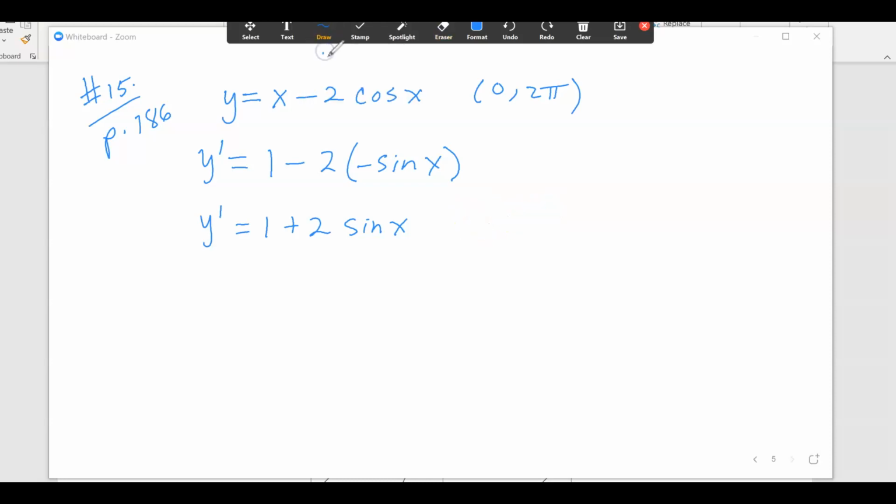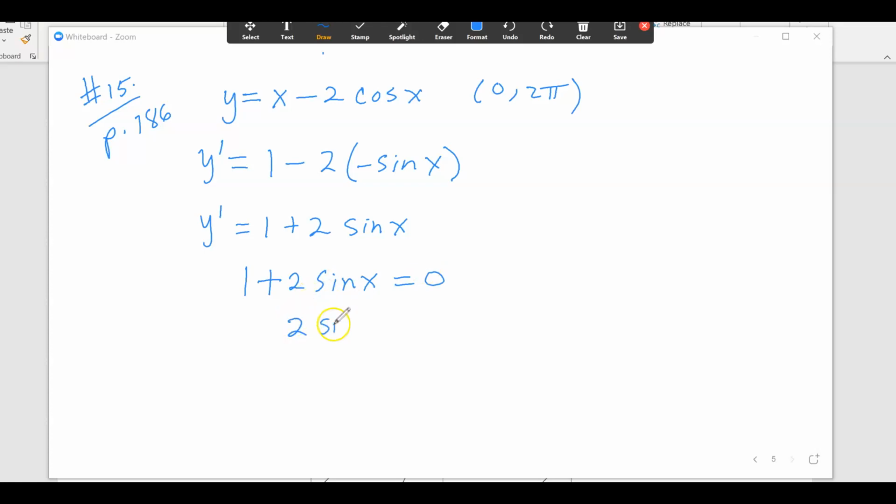Okay, so in order for me to find the intervals where the function is increasing or decreasing, I'm going to have to find the critical numbers. Critical numbers mean that I would need to solve this equation. I'm going to subtract 1 from both sides.